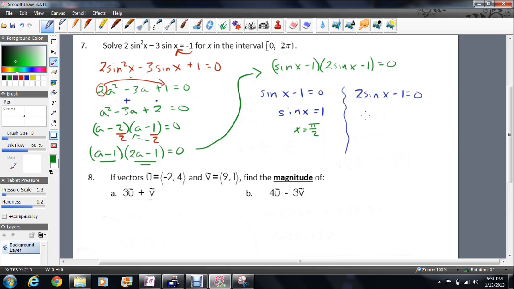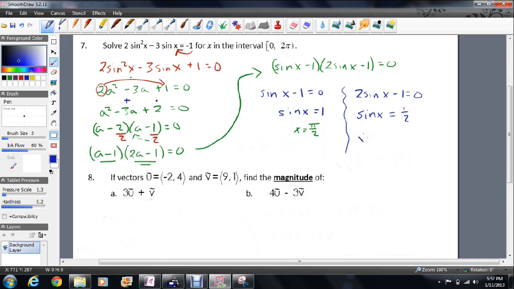Now over here we're actually going to get more than one answer. So if we solve this, get sine by itself, we have the sine of x equals positive 1/2. Because again, I'd have to add the 1 and then divide by 2 in order to get the sine by itself. We ask ourselves, okay, where is the y value, because that's what sine represents again, where's the y value equal to 1/2 in the unit circle?